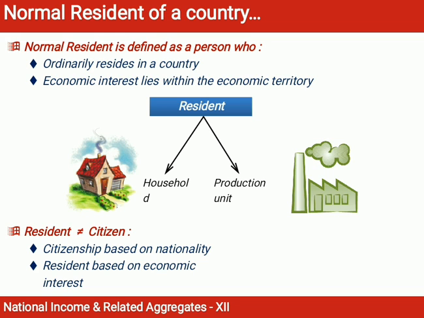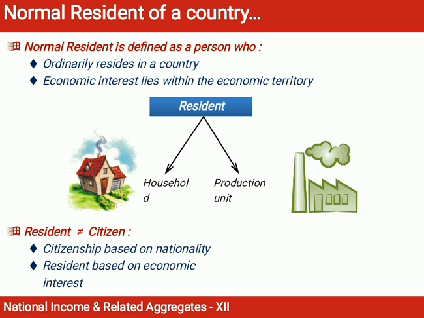What is the meaning of residentship? Residentship is an economic concept based on the basic economic activities performed by a person. An individual is a normal resident of a country if he ordinarily resides in the country for more than 1 year and his center of economic interest also lies in that country. I will explain this concept with the help of an example.